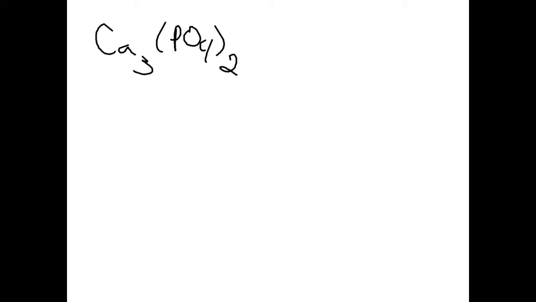Well, I have 3 calciums, and I have 2 phosphates, 2 PO4s. PO4 stays together, it's one thing. I have 2 of those, and I have 3 calcium. So how many? 5 particles. So I here, the van't Hoff factor is 5 for calcium phosphate. Okay?